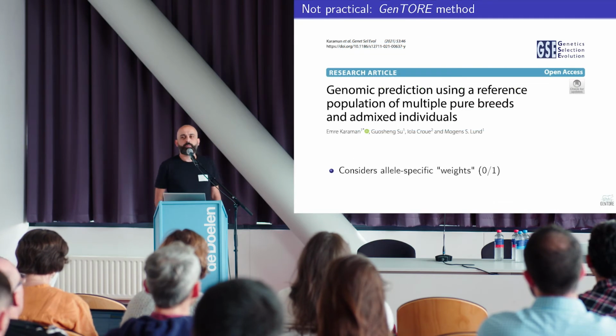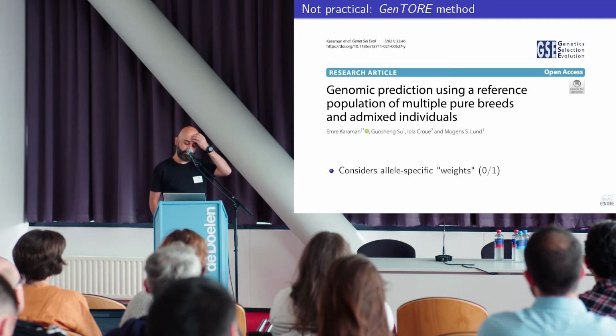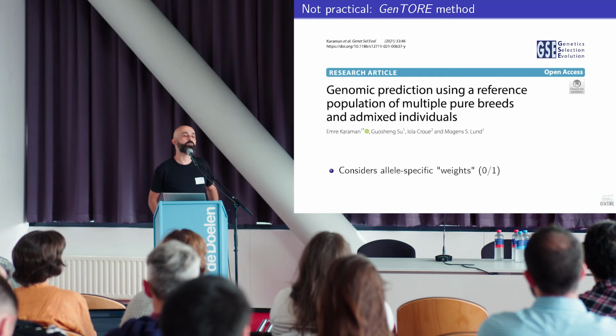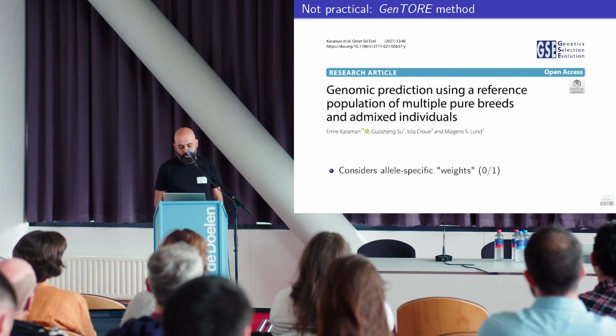And then we came up in GenTORE with a not so practical, but potentially much more accurate way, where you use information from all the pure breeds and all the crossbred animals.